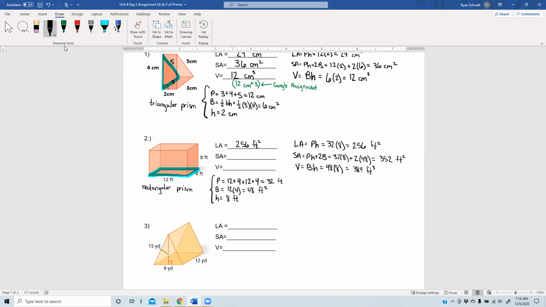This time we're cubed. So let's make sure we write the correct stuff in the blank. Total surface area is 352 feet squared. Volume, 384 feet cubed.